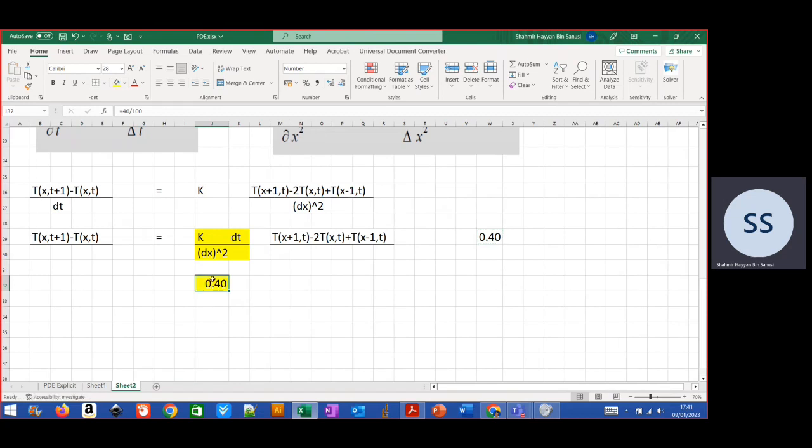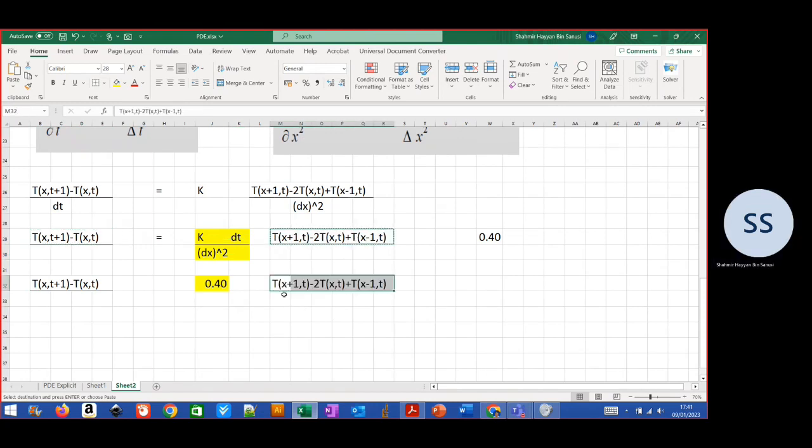Okay, I'll put it in yellow so that you can see. And we've got this.